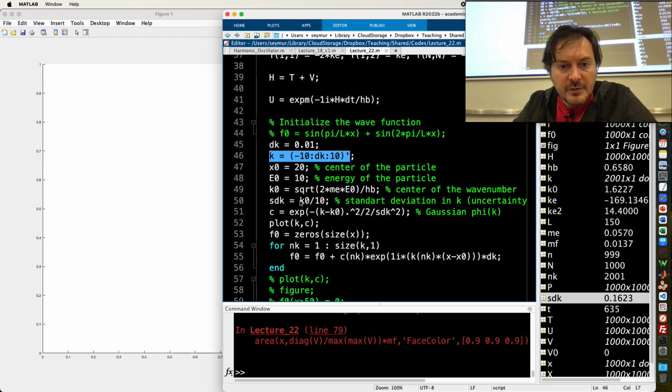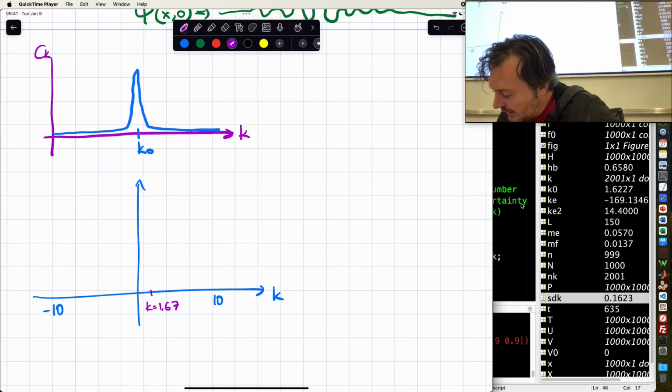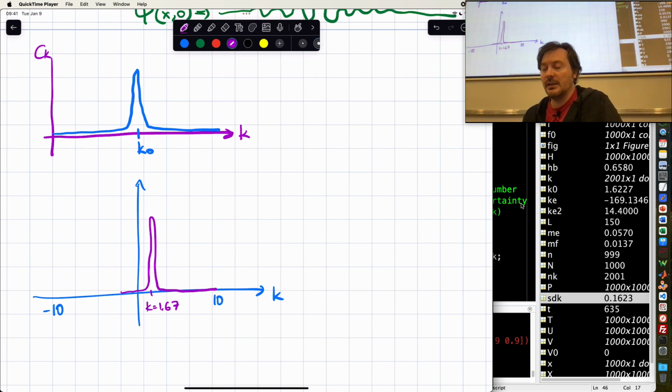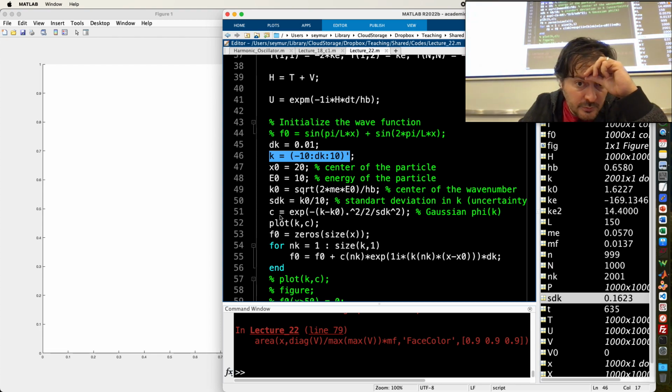We also have this standard deviation of k. So K0 divided by 10 is the standard deviation in k. So uncertainty in momentum. What does it mean? It means that we have this kind of ck there, and that's the standard deviation, right? Then we make a Gaussian around K0.